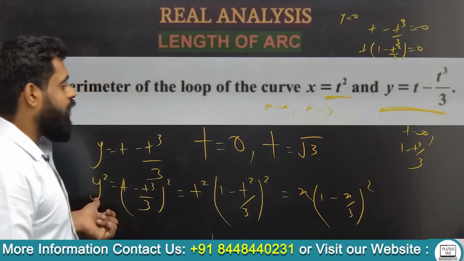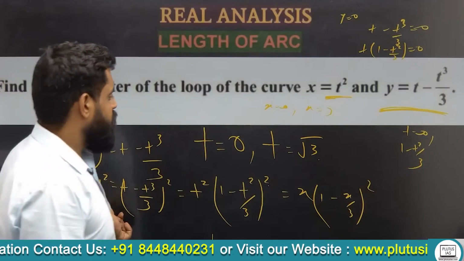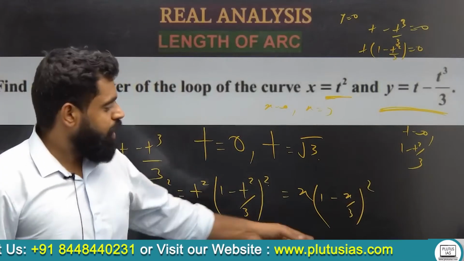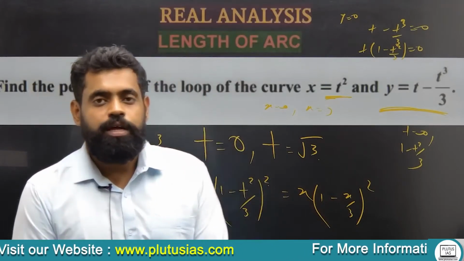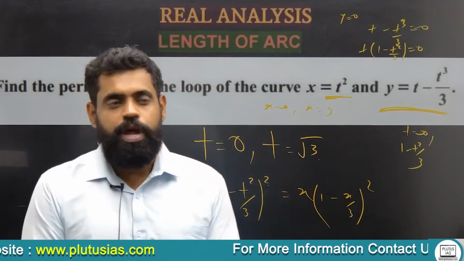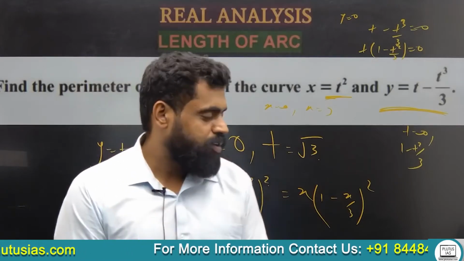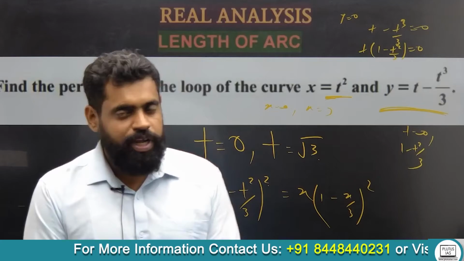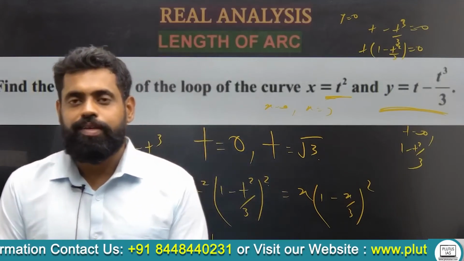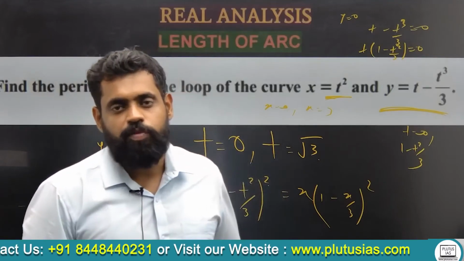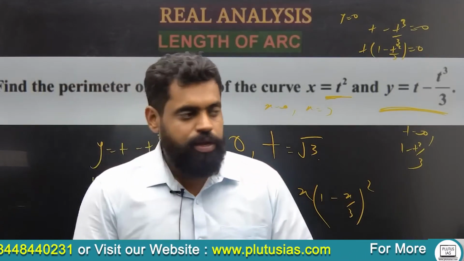So we see again the same curve, making a loop at x equal to 0 and at x equal to 3, and also we can see that this is symmetric with respect to the x-axis. Since this is y square, if we replace y by minus y, nothing changes.